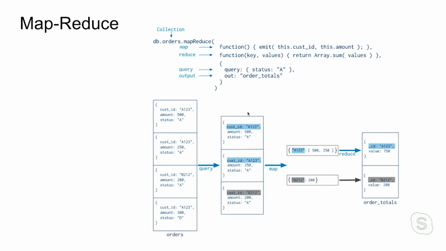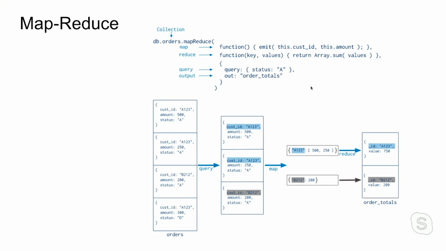Then you will map it. You put another function which says the key is the customer ID, and you want to reduce into some value, which is the amount. So you will receive the key, the customer ID, and the array of the values. And then the reduce function, in this case, makes the sum of the values.